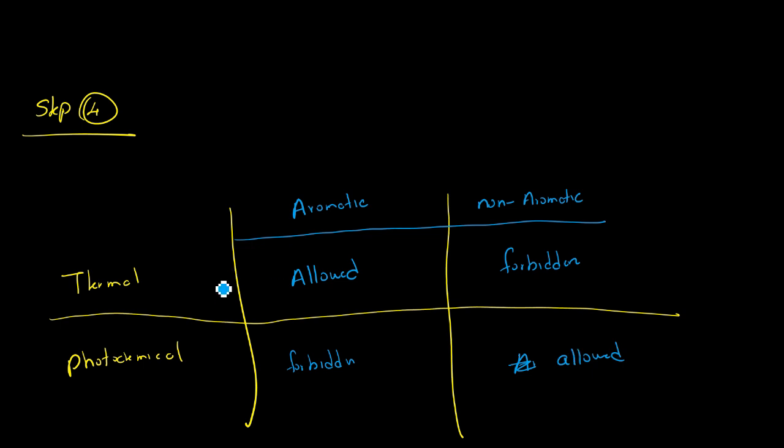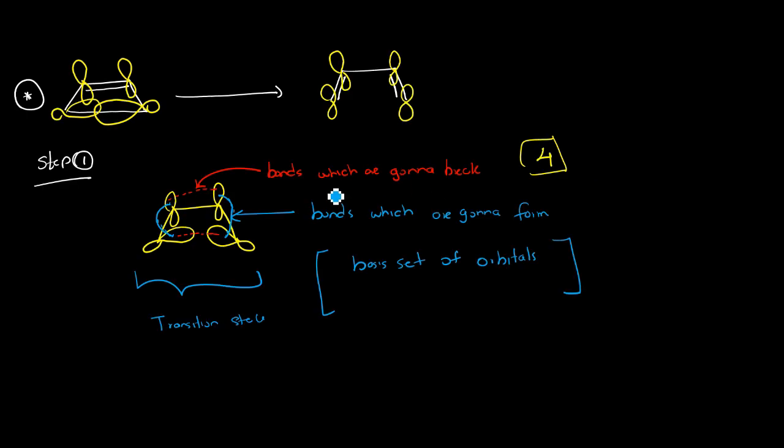Now here you can see, for our example, if I go through the whole process again, we have obtained our transition state. And remember, the important thing, you need to draw both the bonds which are going to break and which are going to form in the same transition state.